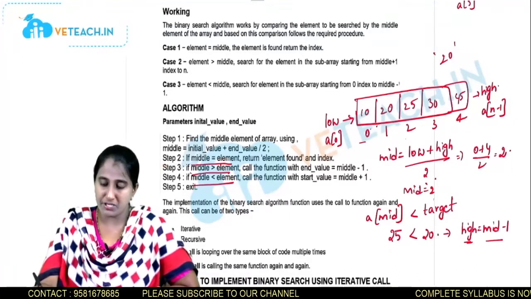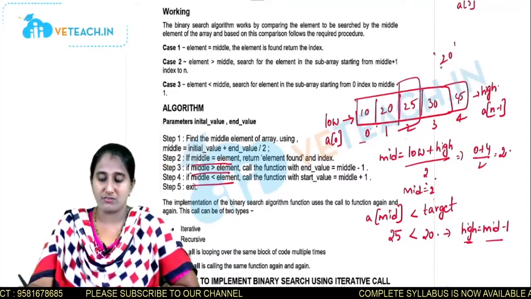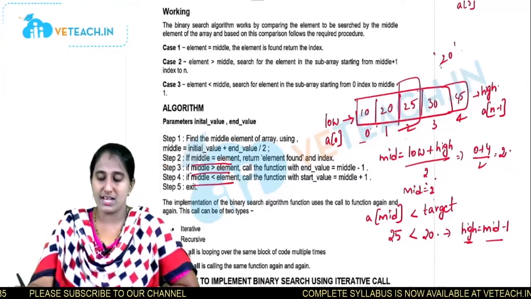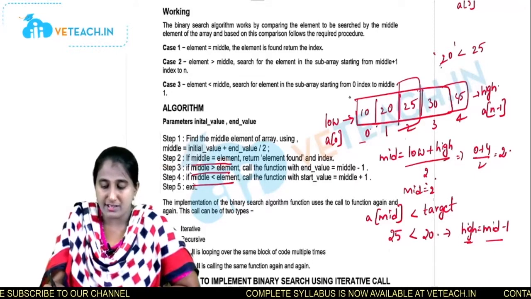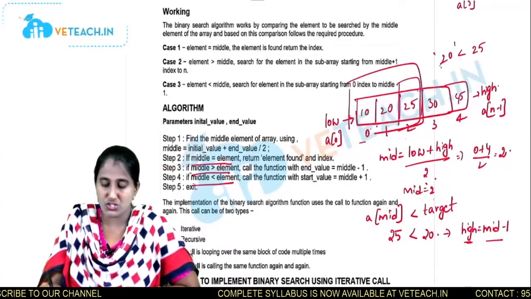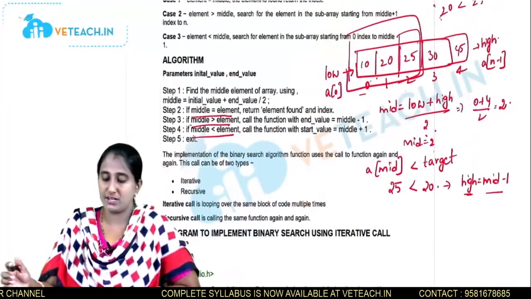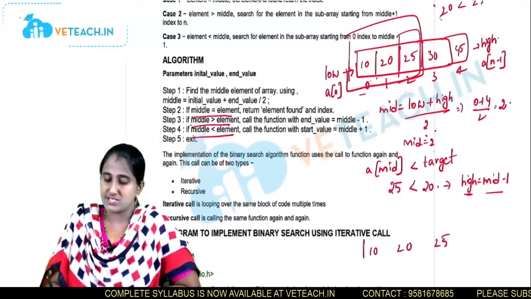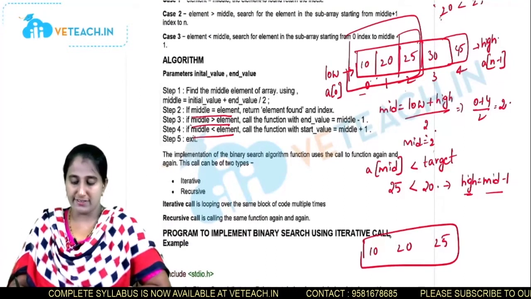Taking the mid position, we compare the target element with the mid element. If 20 is less than the mid element, we should take this part. What is the left part? 10, 20 and 25 as the first part. So we take only the left part.